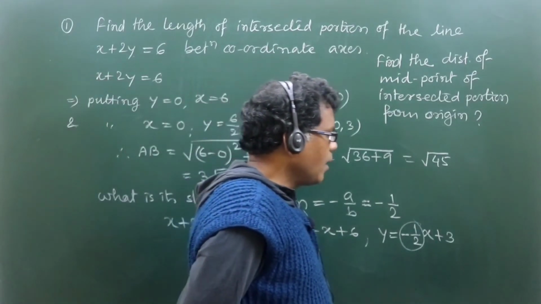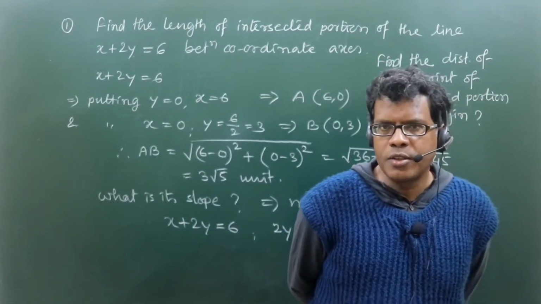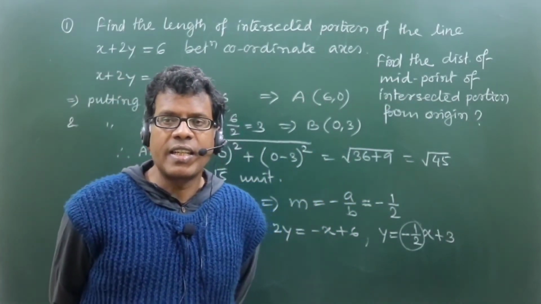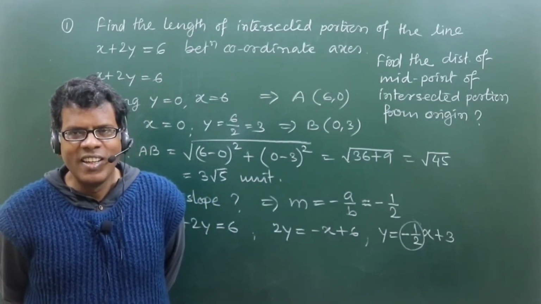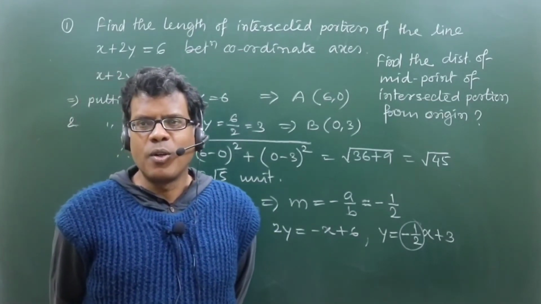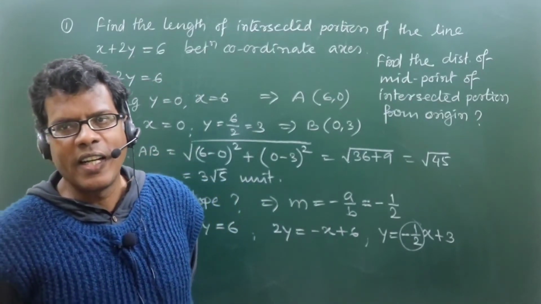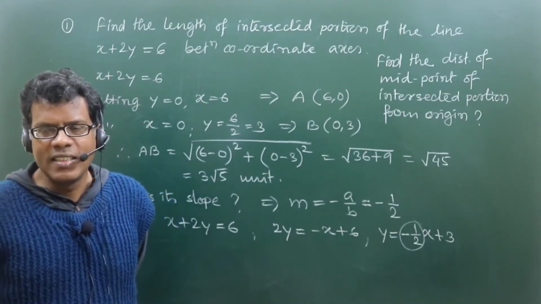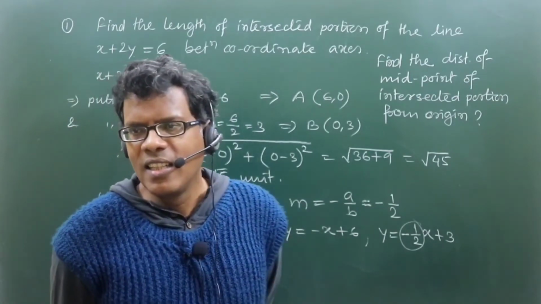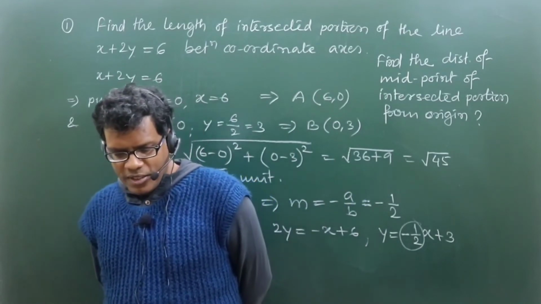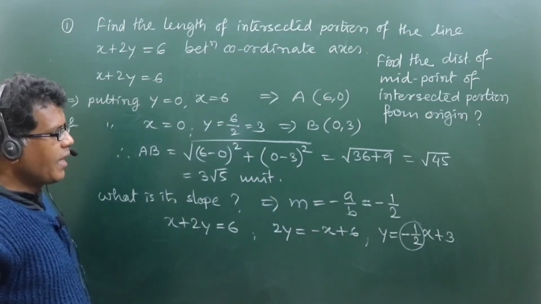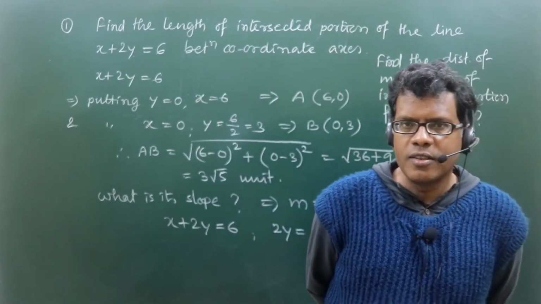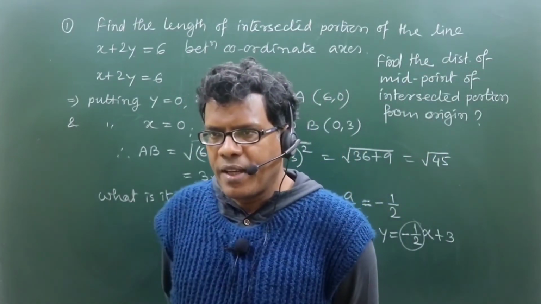And once we know the coordinates of that midpoint, then we can further use distance formula between that midpoint and origin of coordinate system, isn't it? Right, so we can utilize our learning points, our concepts in various ways, right?